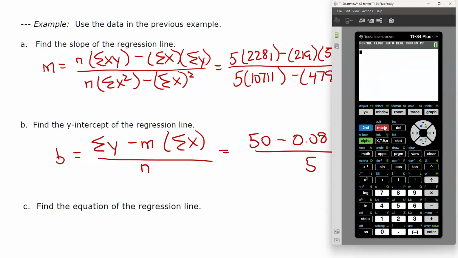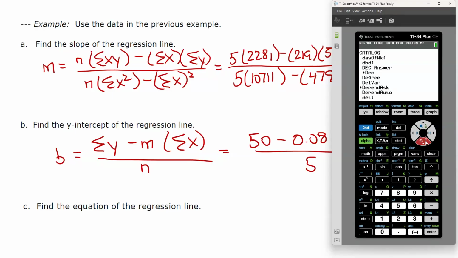So let's go second mode to quit out of that screen. The next thing we're going to do is go to catalog, which is right above 0. So we'll press second 0. We now want to get down to the letter D. So we can scroll all the way down, or we can select D. And D is right here in green. So I'm going to press alpha, the D value.